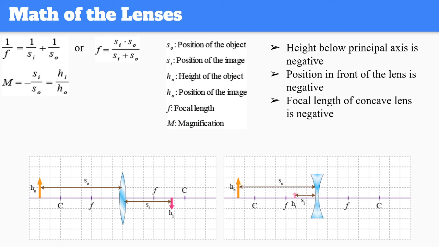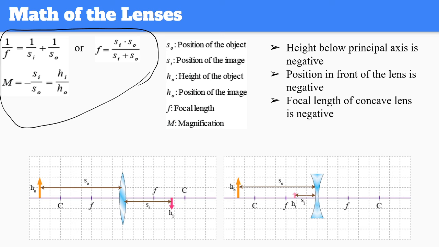Alright, the math of the lenses is the exact same as we had in the mirrors, so nothing else is changing. All of those rules, you will have three equations only, nothing else, but the math of those will be a little bit difficult, but I will try not to have too difficult examples.